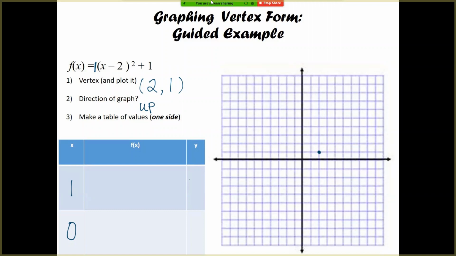So to figure out what the y value is, if I plug in a 1, I'm going to the original equation, and I'm just plugging in 1. So 1 minus 2 squared plus 1. If you have one of my calculators like this, you can type it all in one line and just hit equals. So if you want to grab a calculator, you're more than welcome to.